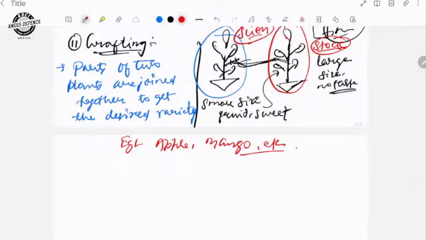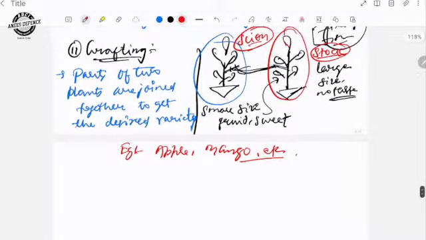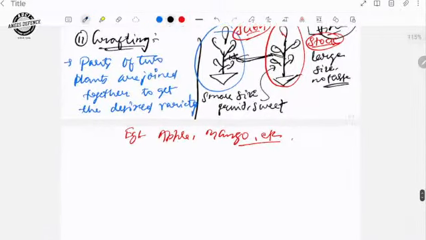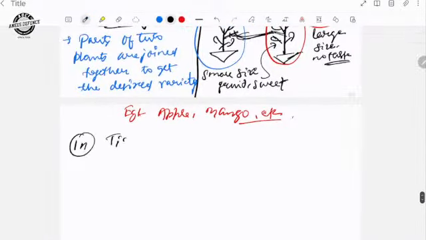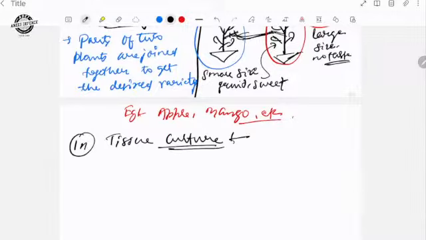A number of plants are there. One more method is there to get the desired variety, that is termed tissue culture. Tissue culture means we take cells from any desired species or organism and keep those cells in a particular medium where they can be accommodated.